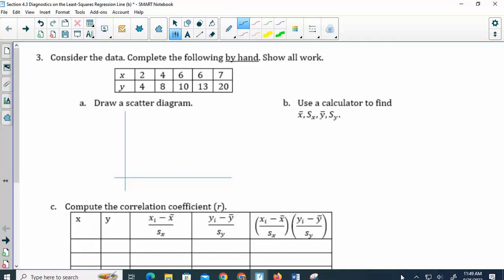So here's my data. If I ask for a scatter diagram, what am I doing? Yeah, so I'm going to count by twos for my y's.